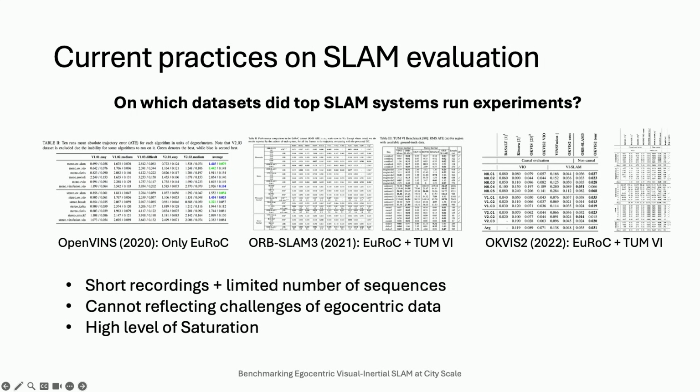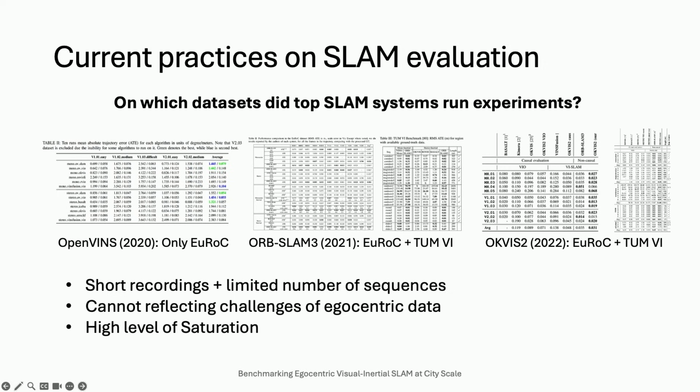If we check the relevant academic publications, here we list the three top academic open source SLAM pipelines from the evaluation of the LaMAria dataset. You can see that all three papers, OpenVINS, ORB-SLAM 3, and Basalt 2, only evaluate on Zurich and the TUM-VI dataset.